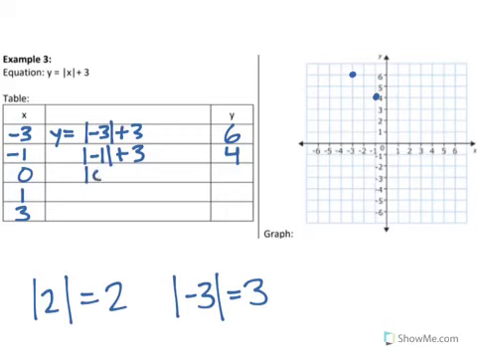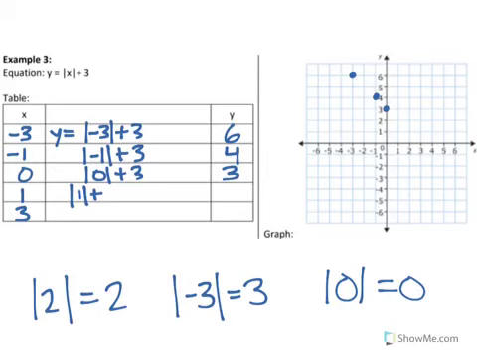Alright, absolute value of 0. 0 is different because it's not positive or negative, so we can't turn it positive or negative, it just stays the same. So the absolute value of 0 is 0, plus 3, which is positive 3. So 0, 3. Alright, absolute value of 1 plus 3.